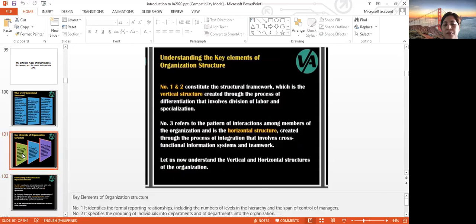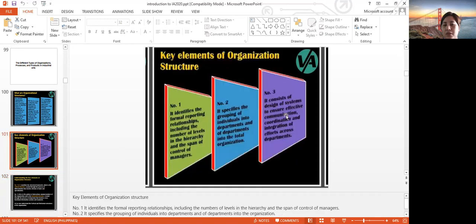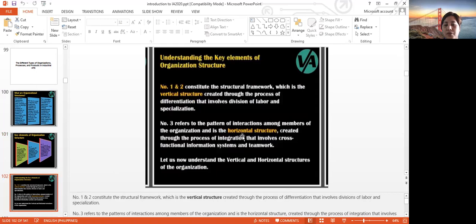Okay, so for number three, it consists of design of systems to ensure effective communication, coordination, and integration of efforts across the departments. This refers to horizontal structure created through the process of integration that involves cross-functional information systems and teamwork.